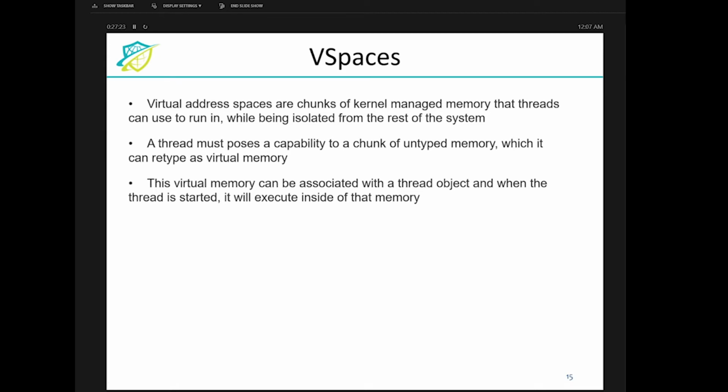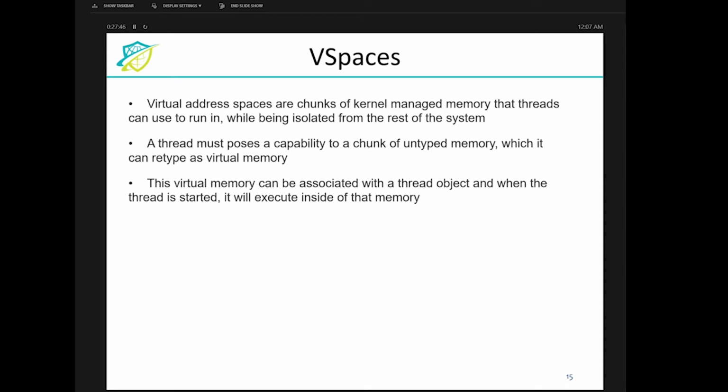The second main data structure that we have to talk about in seL4 are VSpaces. VSpaces are virtual address spaces that are chunks of kernel managed memory that threads can use to run in, and they are completely isolated from the rest of the system.